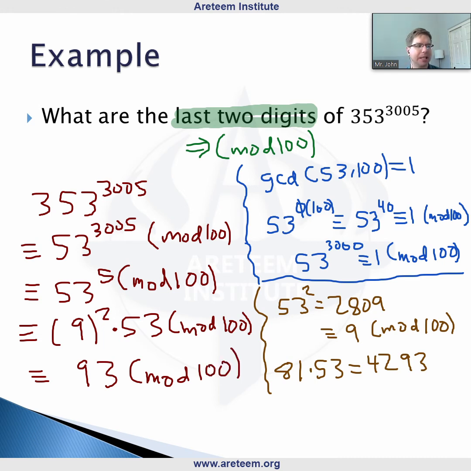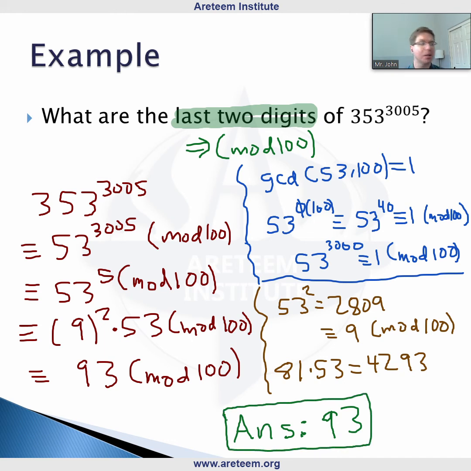And so just to make it clear, on the bottom of this screen, this is telling us that our answer, which is what are the last two digits, the last two digits are just 93 in this case. So we did a lot of this stuff with modular arithmetic. We used Euler's theorem. But in the end, the question and answer have nothing to do with those things.